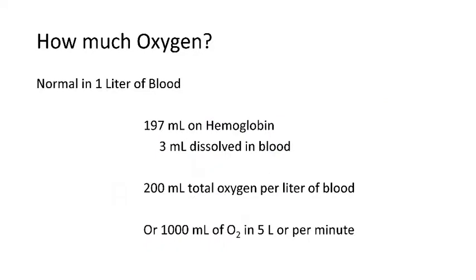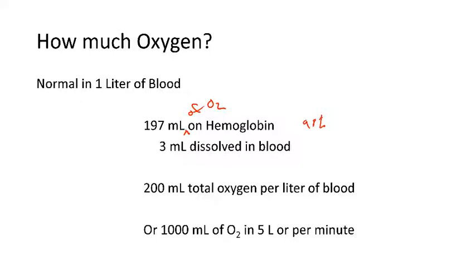So how much oxygen are we talking about? In a normal 1 liter of blood at rest, you have about 197 milliliters, I should have put here, of oxygen on the hemoglobin. And we only have 3 milliliters dissolved. This is your 98% saturation right there.